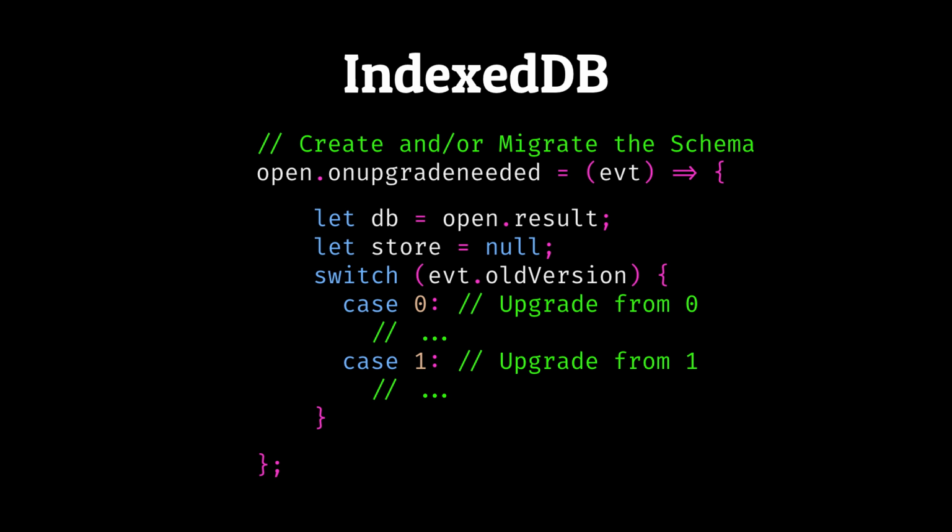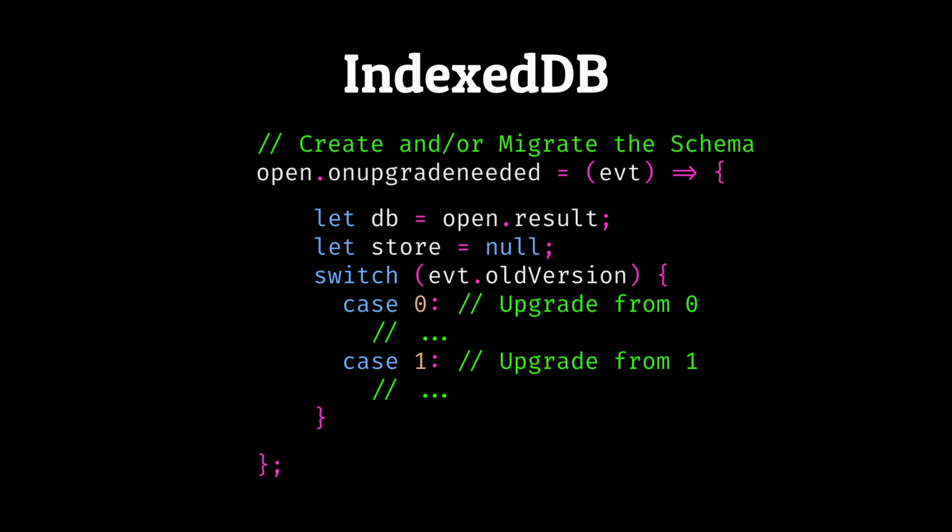For example, if the current version of our database in our service worker code is version 19, and a user we haven't seen in a while shows up and they have version 3, they will begin executing database migrations at case 3, and that will upgrade them from 3 to 4, and then they'll go to case 4, and that'll upgrade them from 4 to 5, and so on.